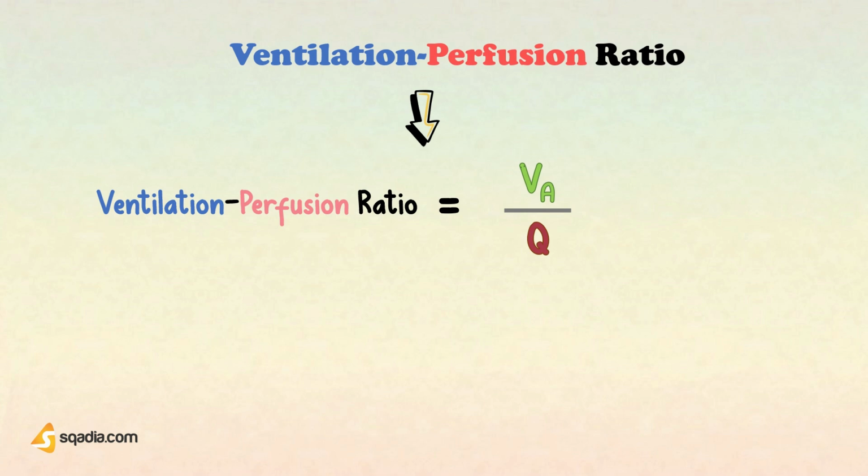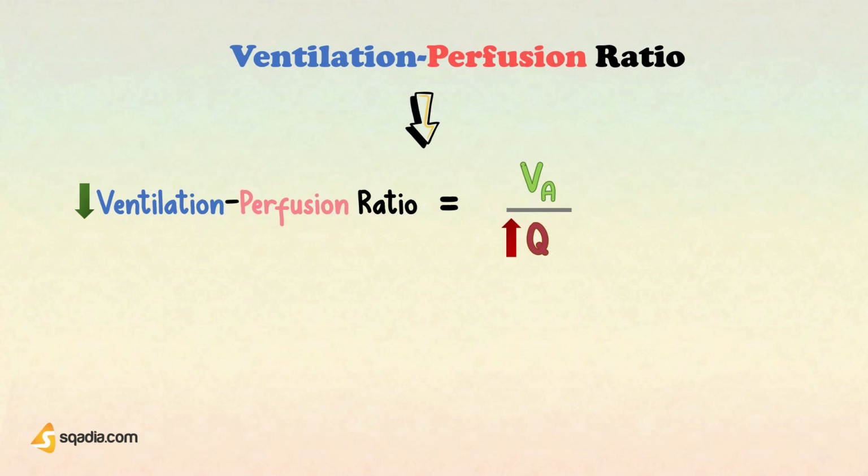Now, we know that if we increase the numerator, the ratio will increase, while, on the other hand, increasing the denominator decreases the overall ratio. So, if the alveolar ventilation increases without any change in blood flow, VQ ratio will increase, while if blood flow increases without any change in ventilation, VQ ratio will decrease.